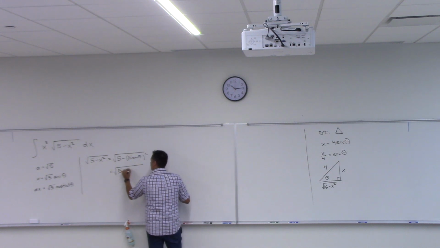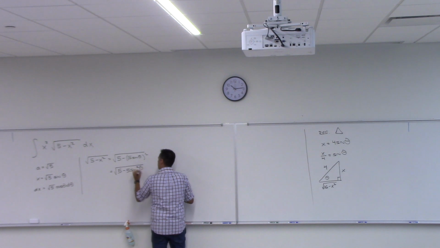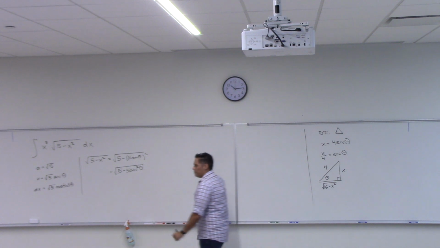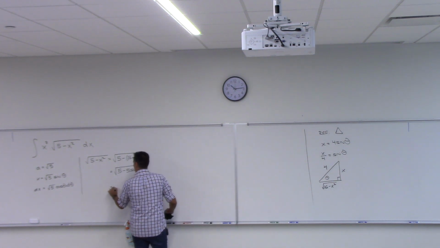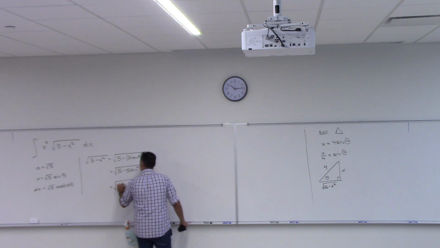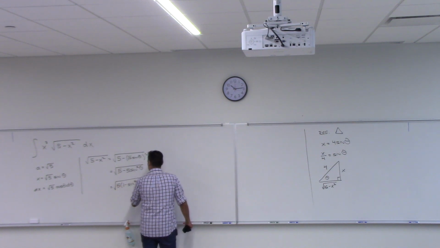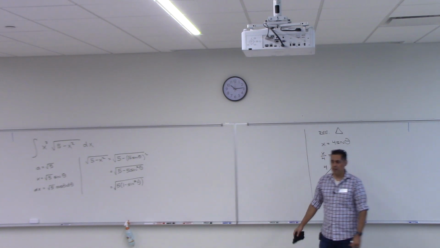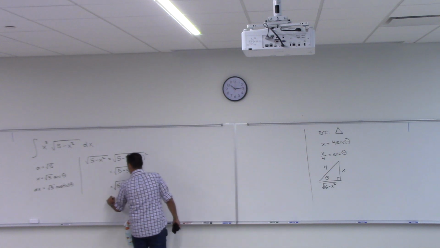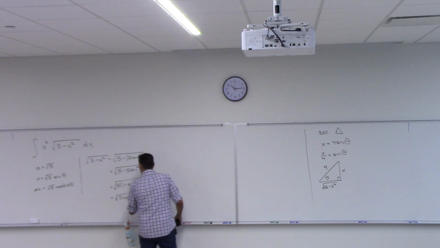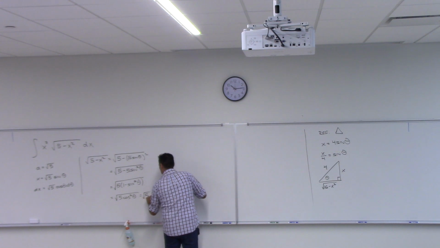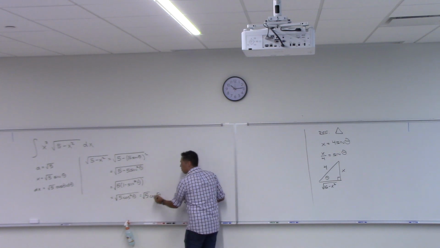I get 5 minus 5 sine squared theta, because I'm squaring the square root. Those both have a 5 in them. Pull the 5 out. I get 1 minus sine squared theta. It's the same broken record. This is going to happen every single time. It's going to turn into cosine theta, but what's going to be in front of it this time? The square root of 5 cosine squared theta. Take the square root of each, and you get root 5 cosine theta.